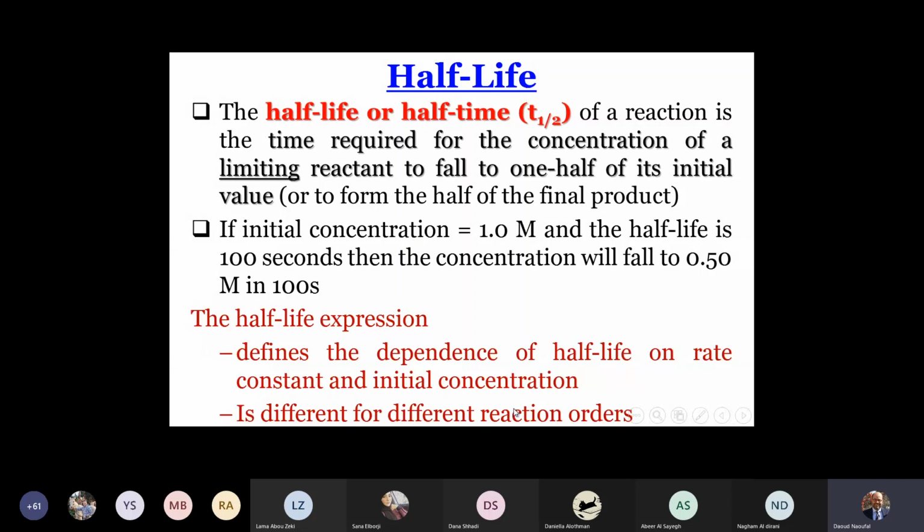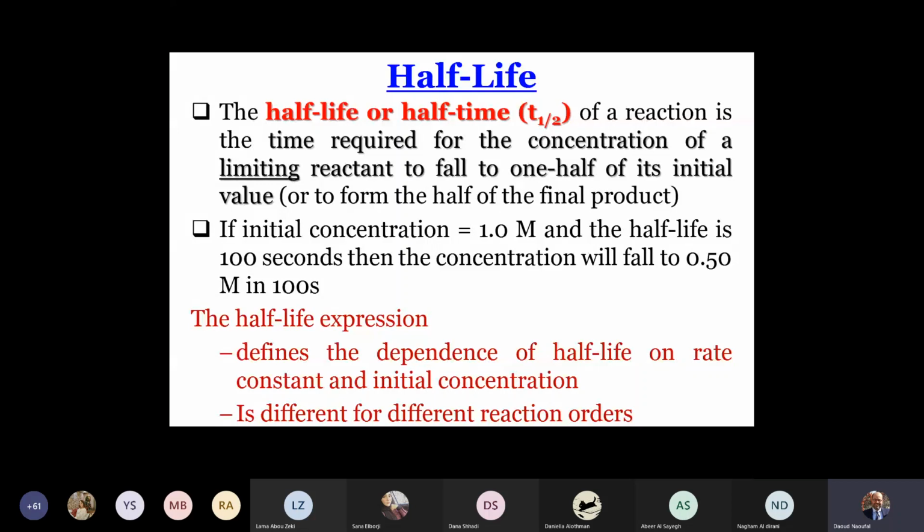So now, how to use t-half in order to know the partial orders or the global order of the reaction? First, we have to find the formula of t-half for each order. For order 0, what is t-half? For order 1, for order 2. And we will see that t-half depends on two factors.